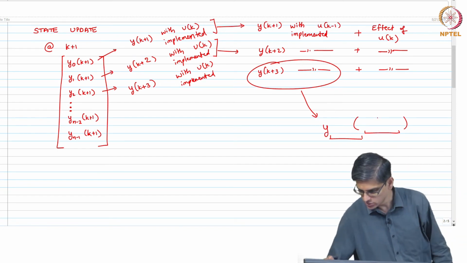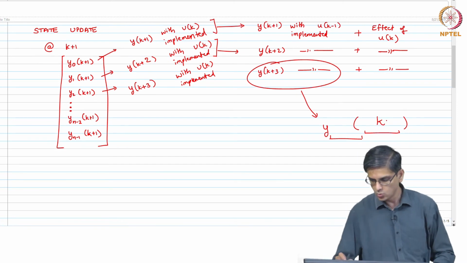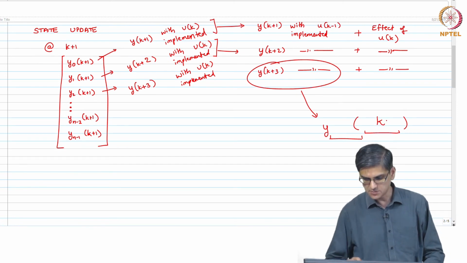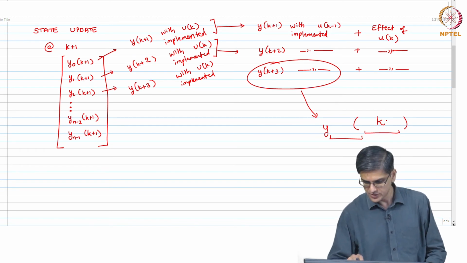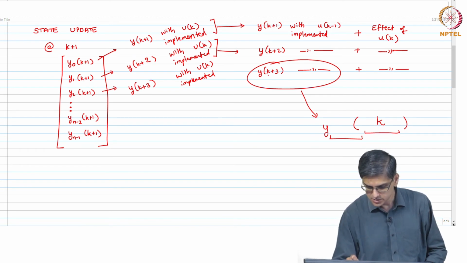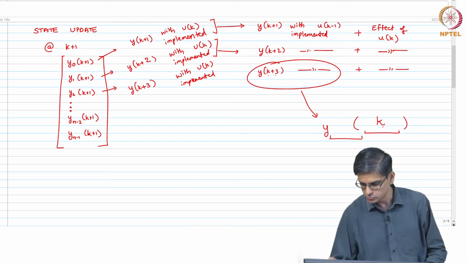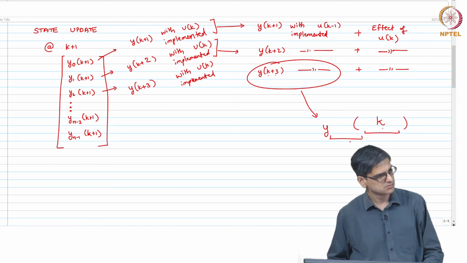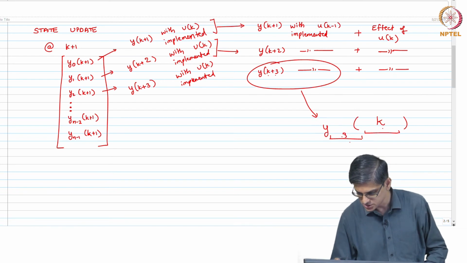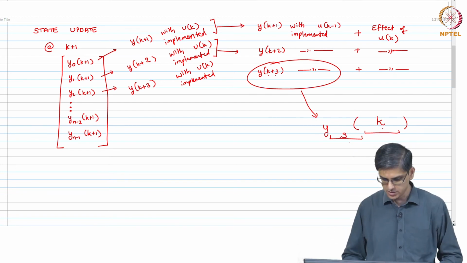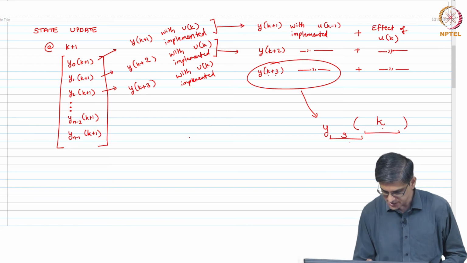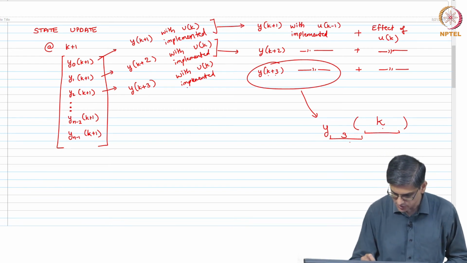What should the subscript be? The subscript should be such that this plus this will be equal to this plus this. That is just going to be 3. Remember what the state was at, so I will just erase this part.